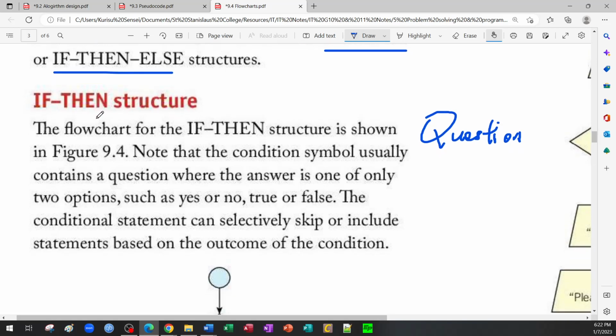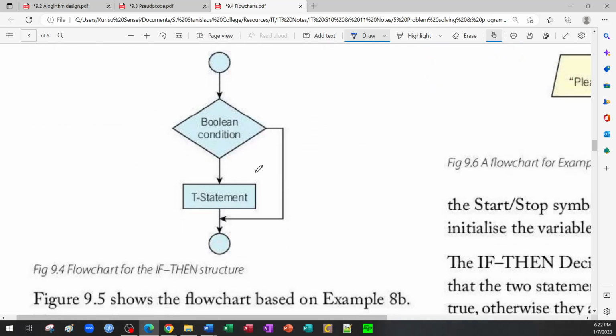Now, the flowchart for the if then structure is shown in figure 9.4. So, this here is the general structure. Notice they have a connector here, so this is a connector. We come down here for our condition, or basically our question, and then this is true.